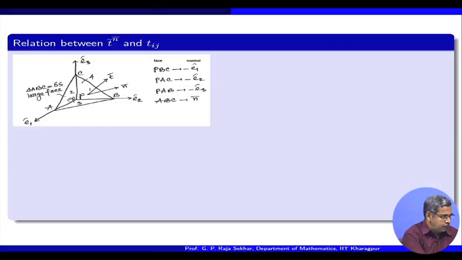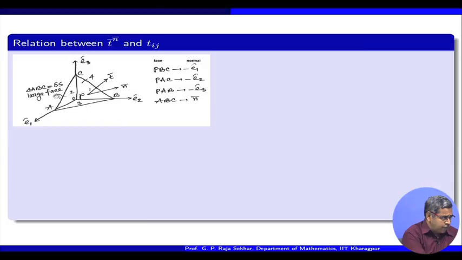Similarly, if you consider PBC, the normal is E1 this side, so the normal to the face PBC is naturally minus E1, because that is the other direction. Similarly, the bottom one, PAB: the normal is minus E3, because this is E3. So the normal to it is minus E3.